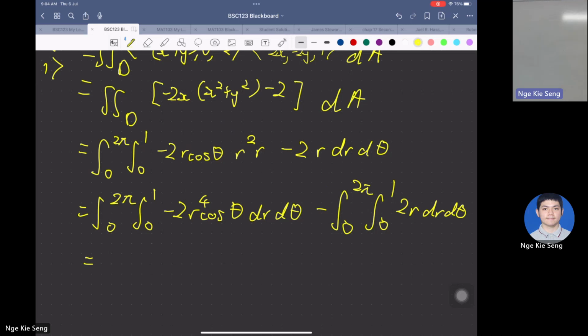One is from curved surface to a flat surface on xy, and then from xy to polar introduces Jacobian again. This is the multiple integral chapter. Spherical coordinate got Jacobian, cylindrical coordinate got Jacobian, polar coordinate got Jacobian.